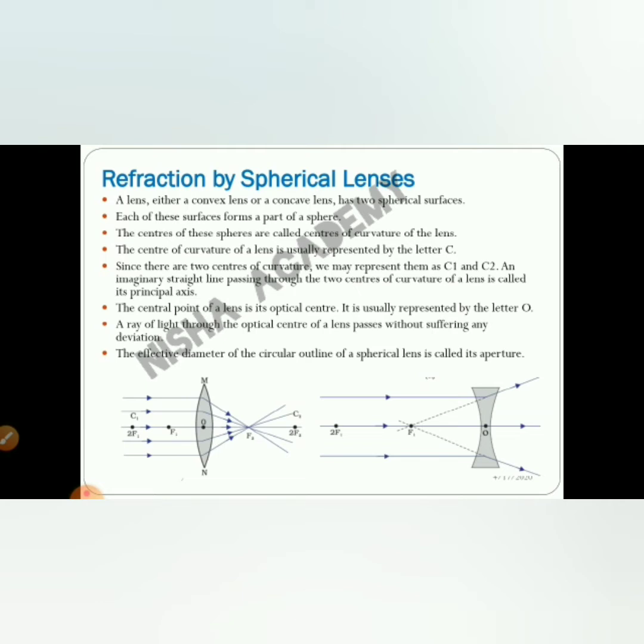The next point to study is how these spherical lenses create images. As we had seen in the previous classes, the images formed by the spherical mirrors, in a similar way we have to study the images created by the spherical lenses.